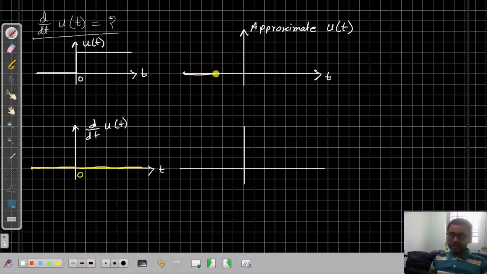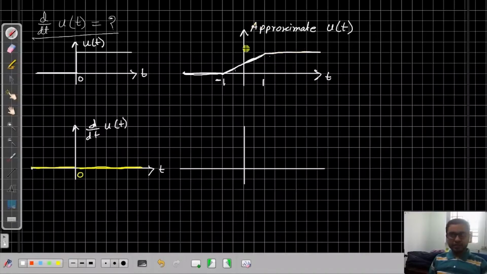It is 0 before t equal to -1, and then it goes up slowly, gradually, linearly, and it becomes 1 at t equal to 1, and then it remains at that value.